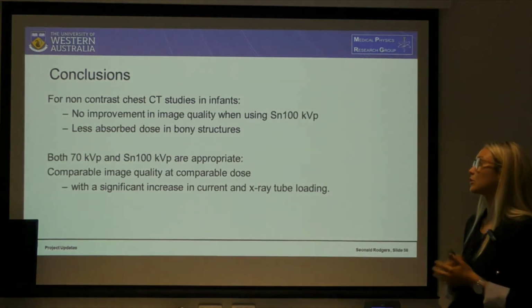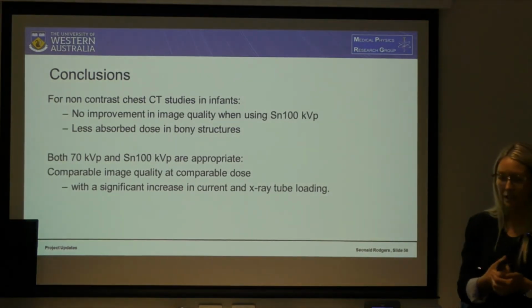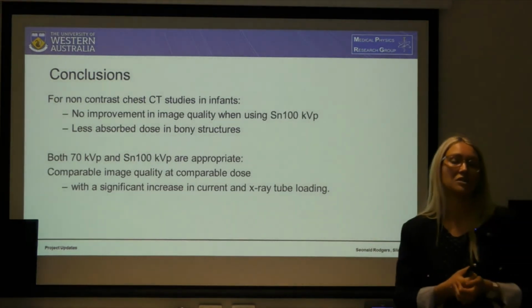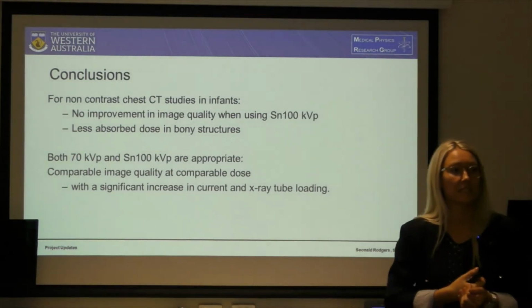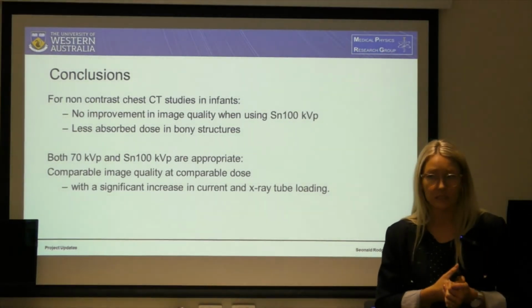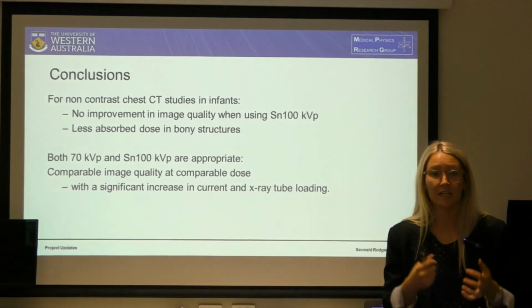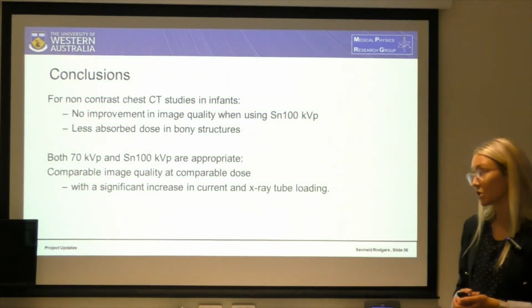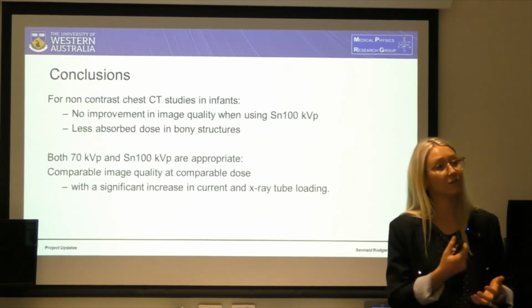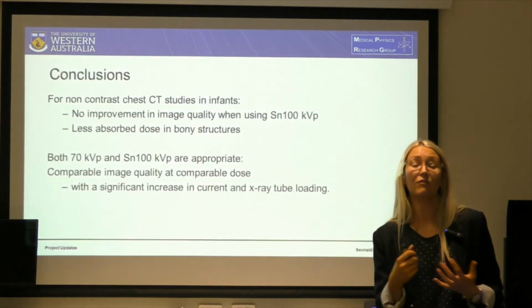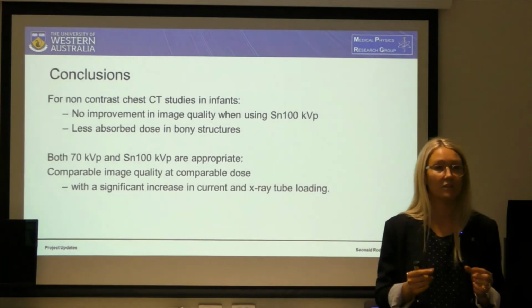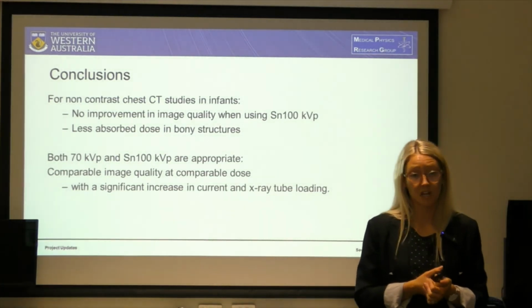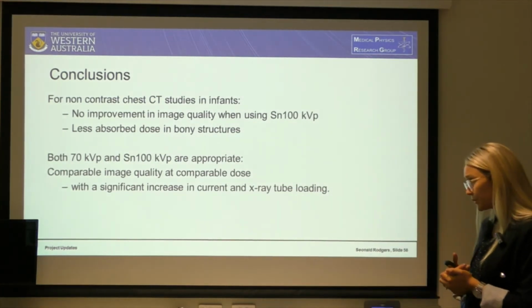Particularly considering non-contrast chest CT studies for infants, there is no evidence to suggest that there's any advantage using the tin filter at 100 kVp in terms of image quality. There seems to be no improvements in image quality. The only reason why you would use the tin over 70 kVp for infants would be the slight reduction of dose absorption in the bones, in the bony materials.